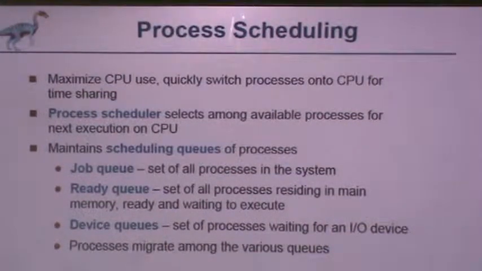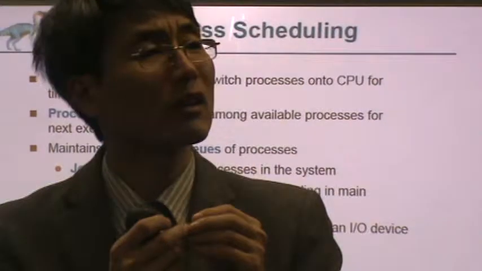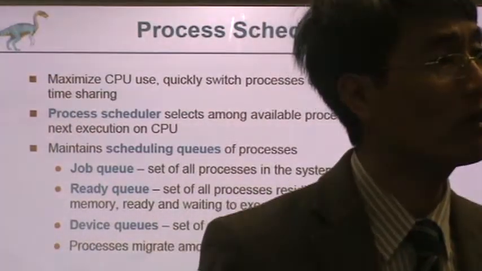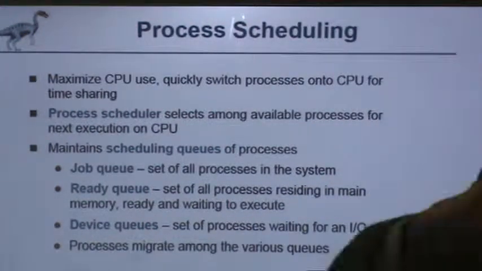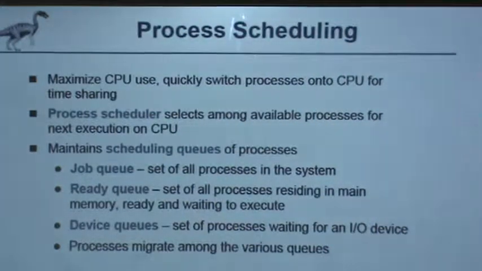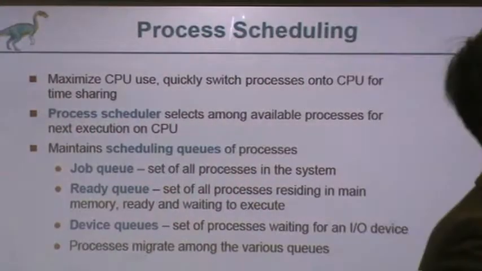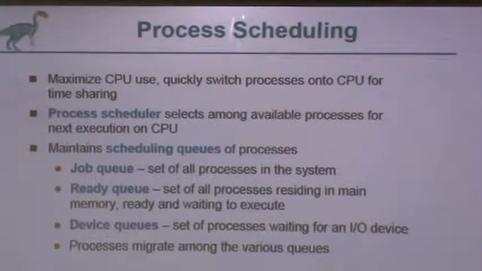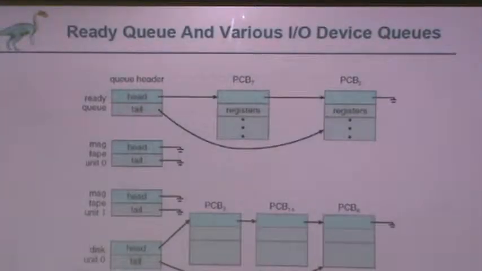If we are using a single processor, which means we have only one CPU, we can still run many processes. How? By slicing the CPU time and switching. To do that, we need a process scheduler to select the next process.